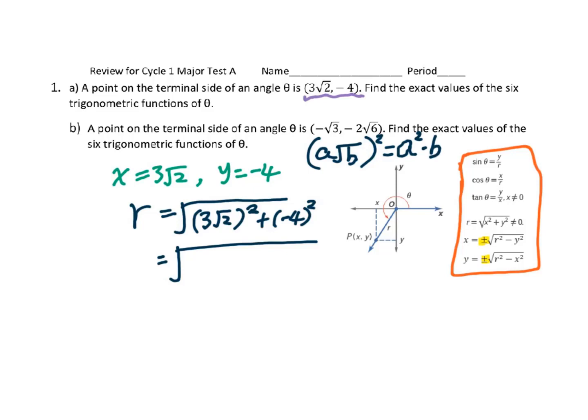Then we do this a squared, that's a squared. So we got 9 times 2 plus 16. That will be square root of 34.